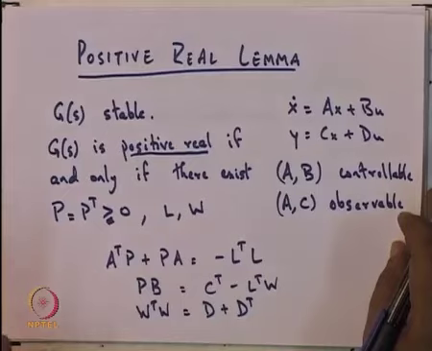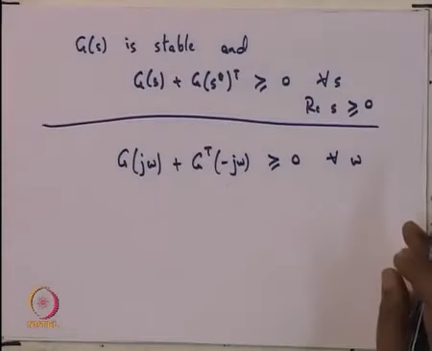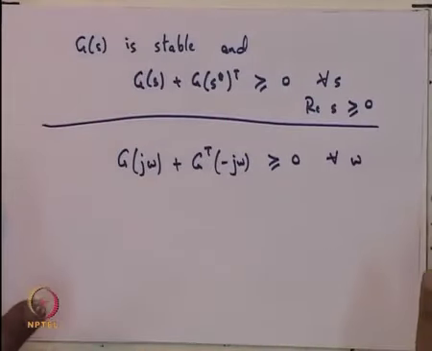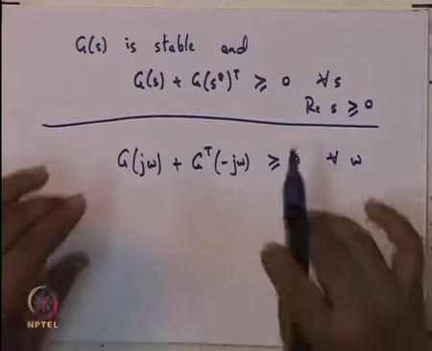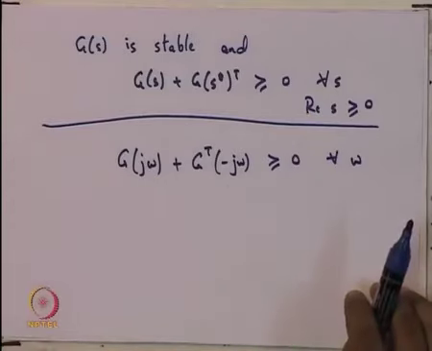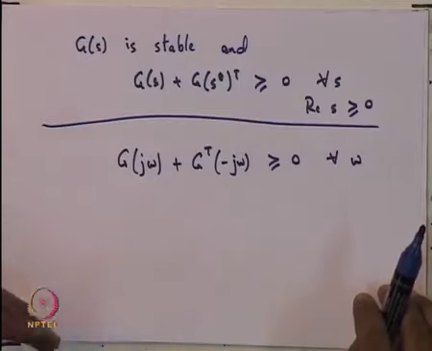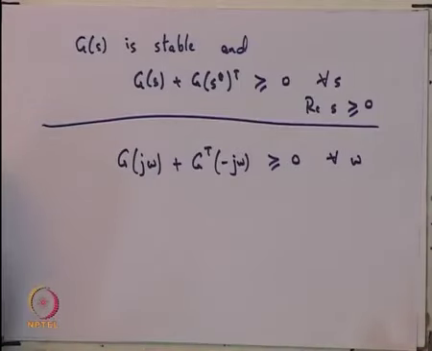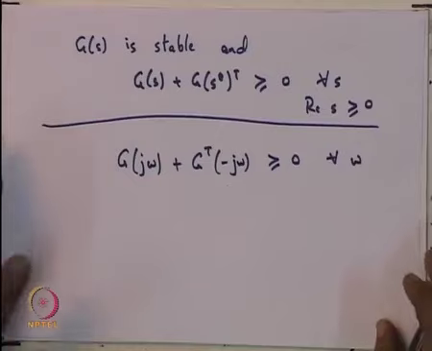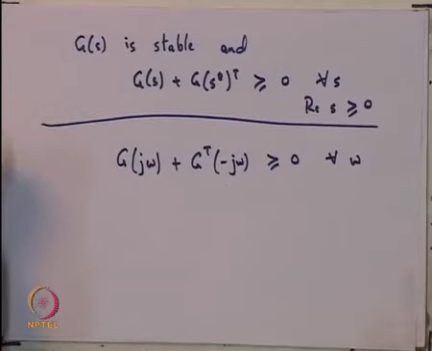So, whatever I have been showing holds even for the matrix case. It is not just for the scalar case; you could also look at the multi input, multi output situation, and exactly the same kind of proofs go through.